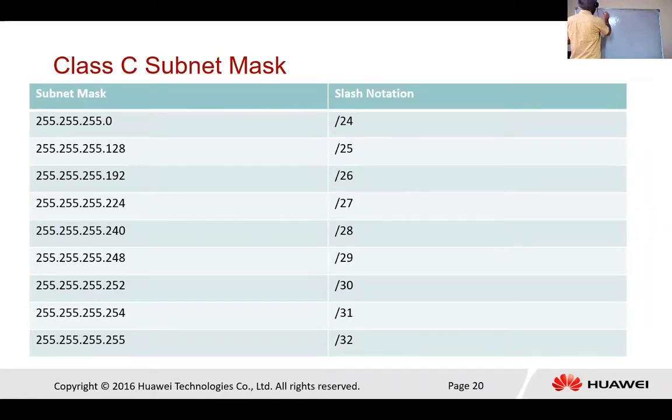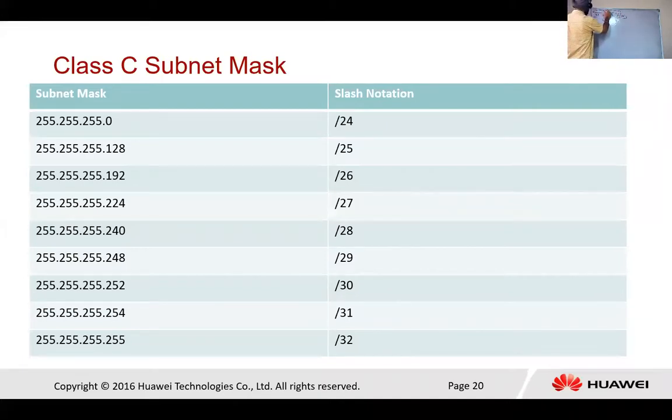Suppose we have the IP address 192.168.1.7/26. What does it mean? In this case, we first find the n value. How can we find the n value? What is the total length of this address?